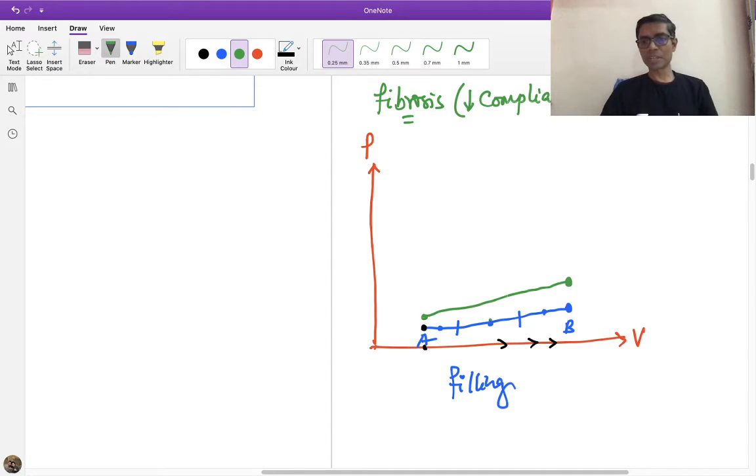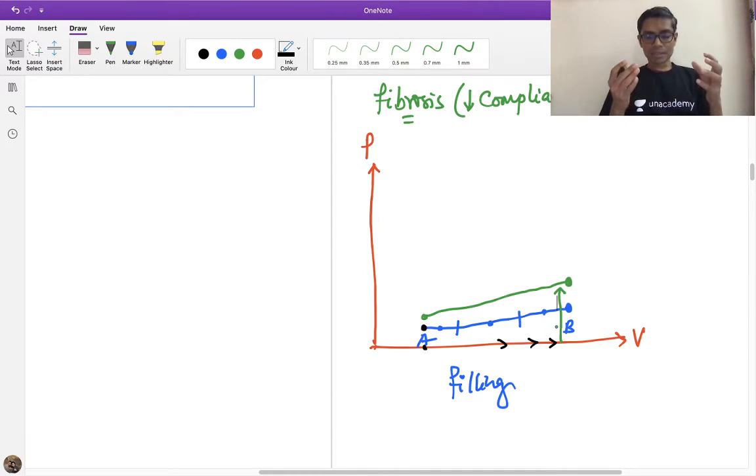What is the interpretation of that? It means that for the same volume of blood, ventricular pressure is more than normal. Why so? Because the ventricle is not able to stretch properly. That's why the same volume of blood is giving much more pressure within the ventricle. That is the meaning. So if the line is shifting upward, that means the compliance of the ventricle is less due to any reason, right?